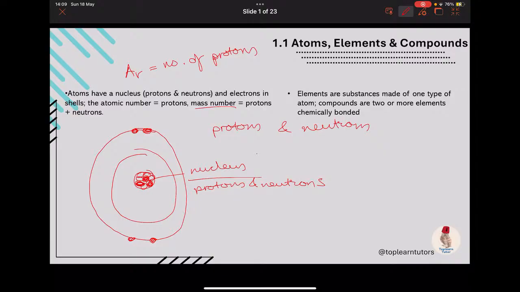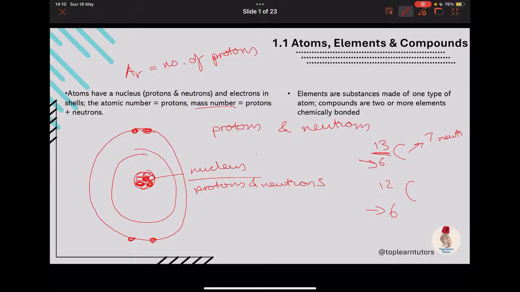So an isotope of carbon could be carbon-13 with atomic number 6, and carbon-12 with atomic number 6. As we can see here, the atomic number is 6 and carbon has 6 protons, and as the mass number here, 13, is the number of protons and neutrons, 13 subtract 6 means we have 7 neutrons in this isotope of carbon.